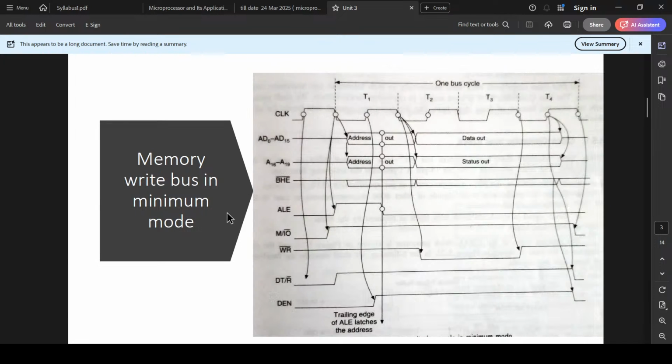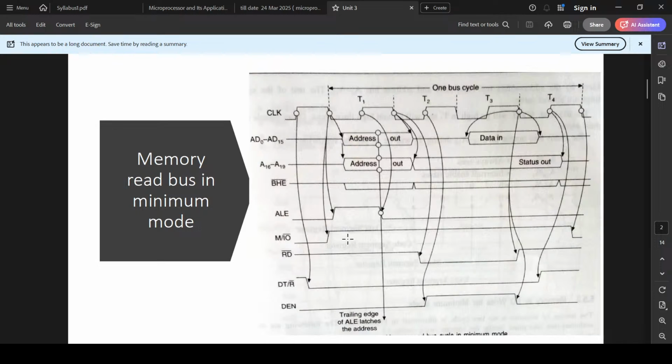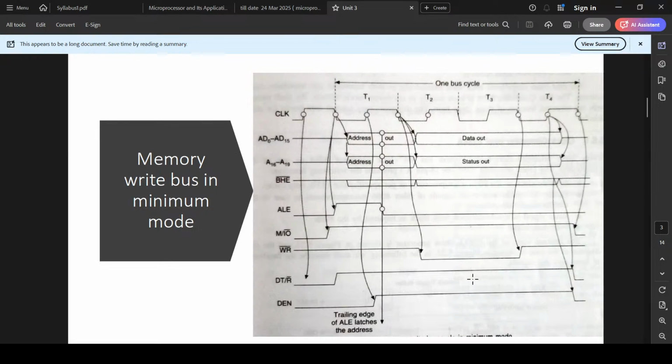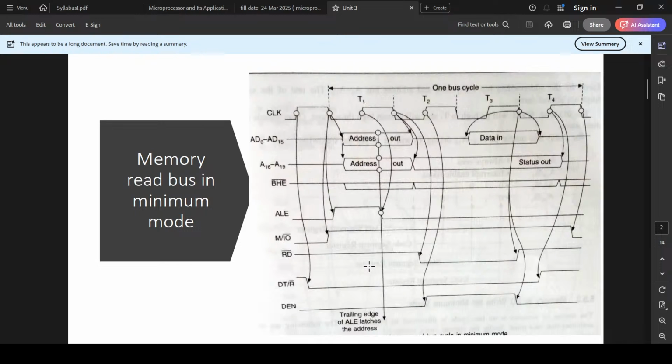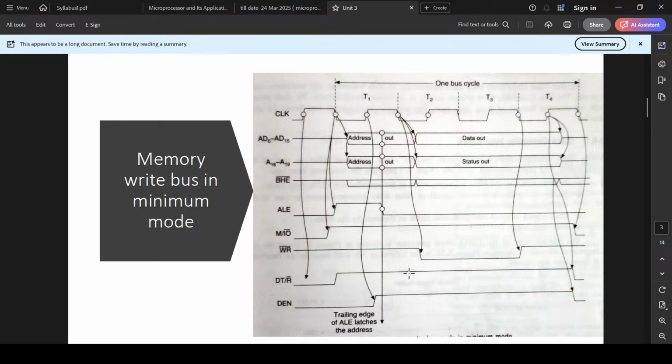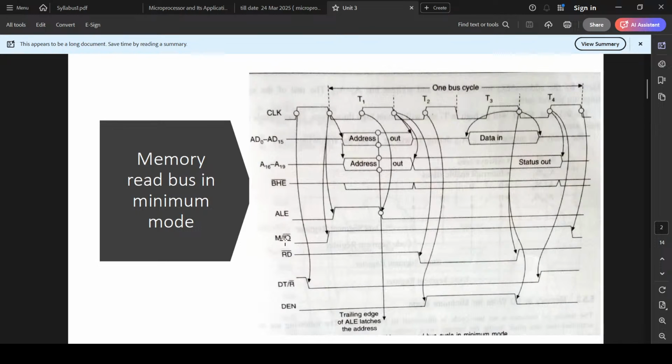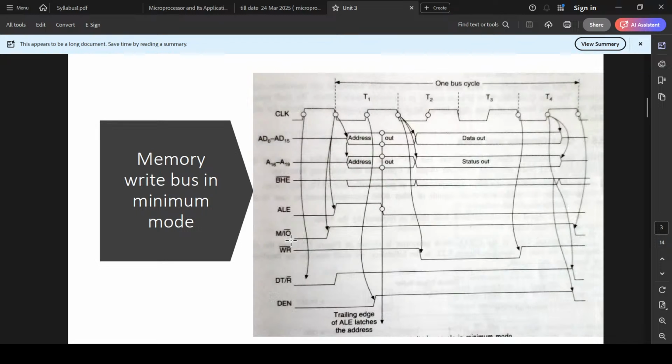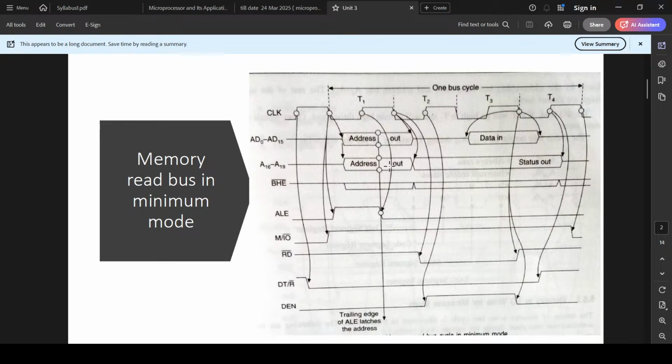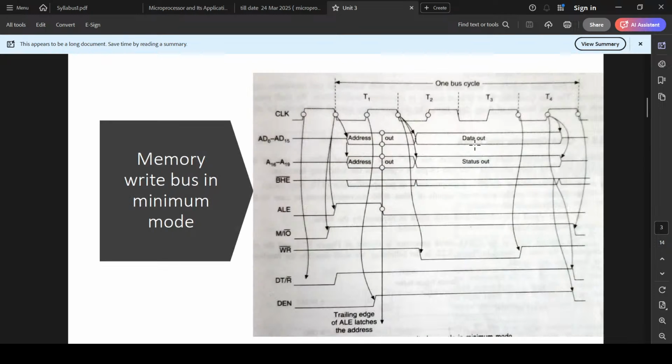No, the data read changes. In the read bus it is mostly at 0, now it is mostly at 1. Read is same, DEN is same, input output and memory same, ALE is same, BHE is same, address out is same, and the address bus is also same.